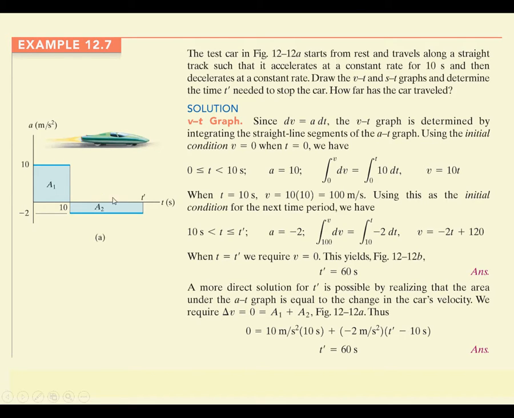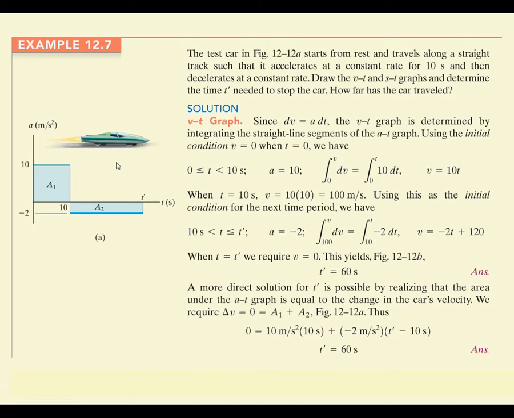You have an acceleration versus time graph here. So it accelerates, obviously this is a value, and then decelerates also with a negative value. So this would be, excuse me, the acceleration diagram.